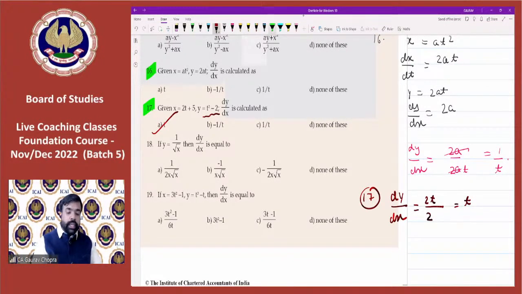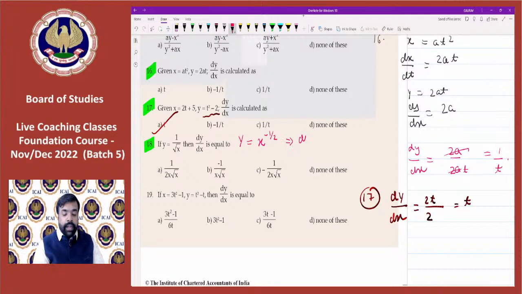Then question number 18. Y is equal to 1 upon root x. And we have to find dy by dx. So now we can write the question as y is equal to x to the power of minus half.